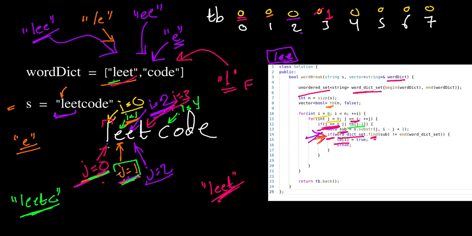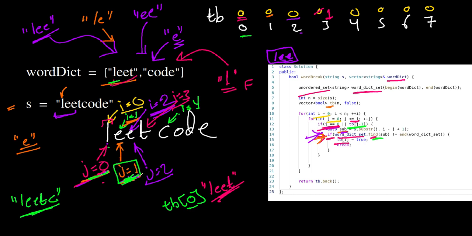When j equal 1, first of all, we check if tb of j minus 1, which is tb of 0, is true. tb of 0 is false, so no need even to check if the substring exists in the dictionary. This applies also to the previous checks we did. So j equal 1 does not apply.